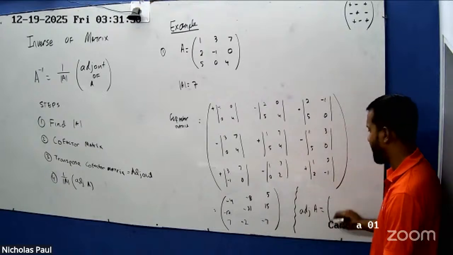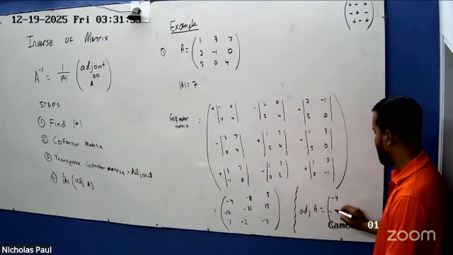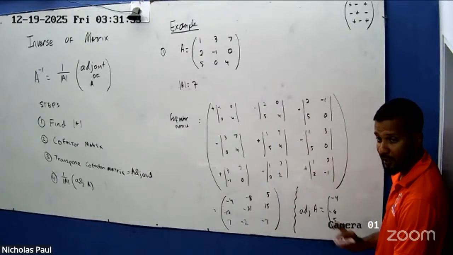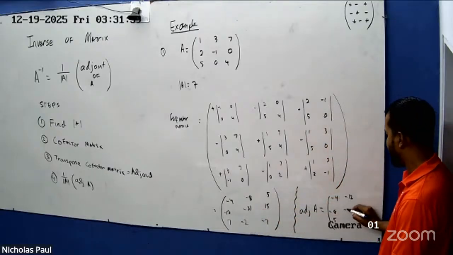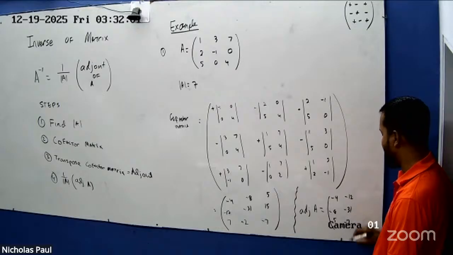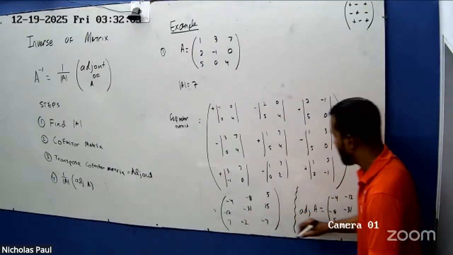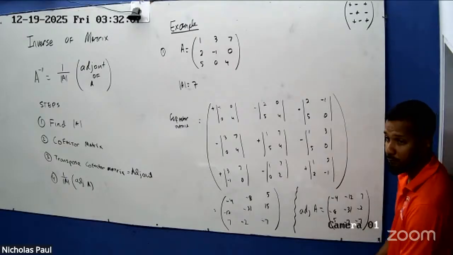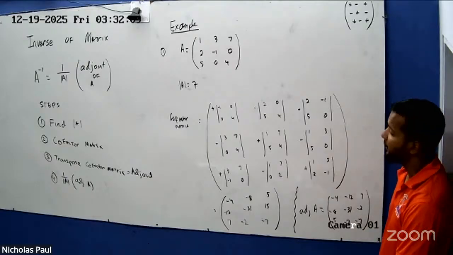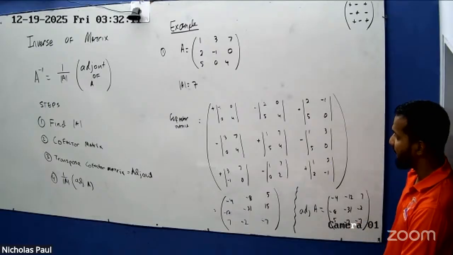And that's it. So it's minus 4, minus 8, 5. That's all. Row to become a column, minus 12, minus 31, minus 7. Row to become a column, 7, minus 2, minus 7. That's it. This is technique number 1 to find the inverse.